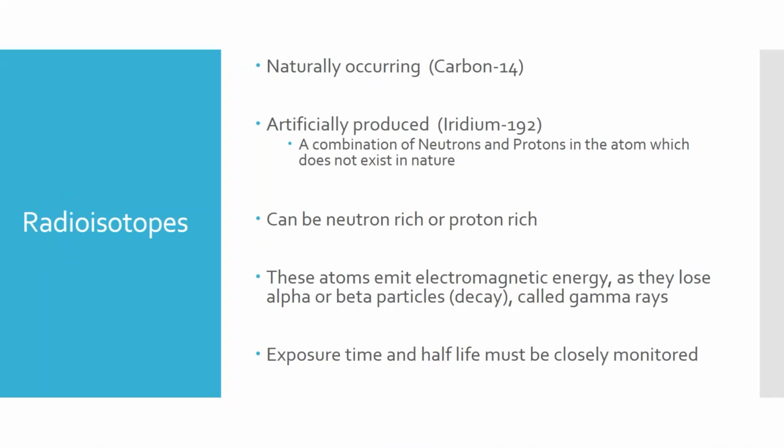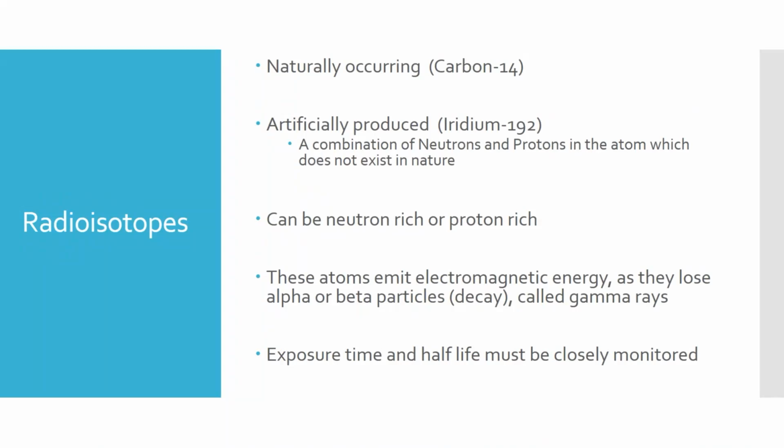And as I was talking about in the video, you can add neutrons and make it neutron rich, where you have extras, or it can be proton rich, where you don't have as many neutrons as it would normally have in a stable state. And as they lose those, the ones we're going to mainly look at are gamma. The alpha and beta particles given off during decay, though they are a form of radiation, are very weak in terms of penetrating.